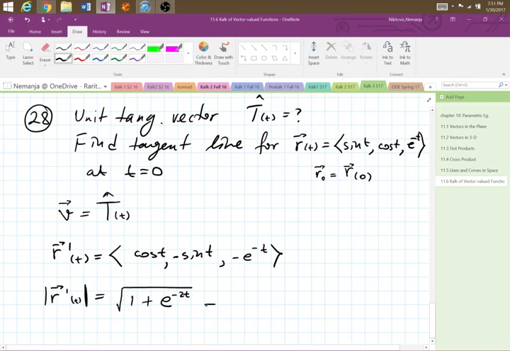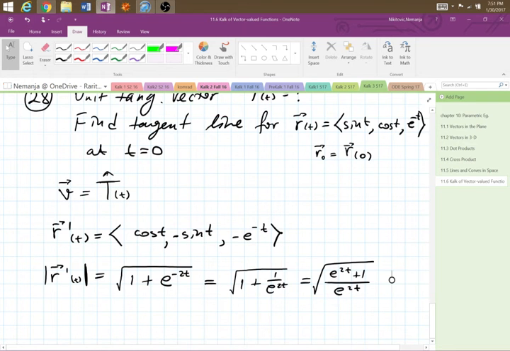Now, I'm just going to do some algebra in case this can be made better. So this is 1 plus 1 over e to the 2t. When I add fractions, it's going to be e to the 2t plus 1 over e to the 2t. And I'm going to kick this e to the 2t outside.